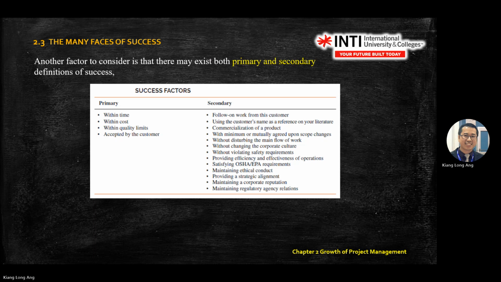So for success factors, you have primary and secondary. You read these. But again, the question can ask you anything from the slides. Primary is the three keywords that we mentioned: time, cost, quality, and the quality can be linked to customer requirements.